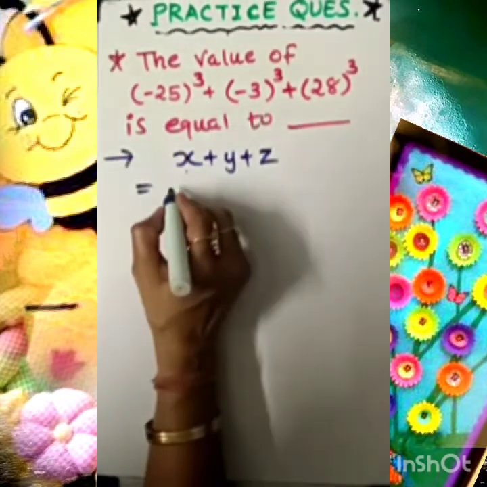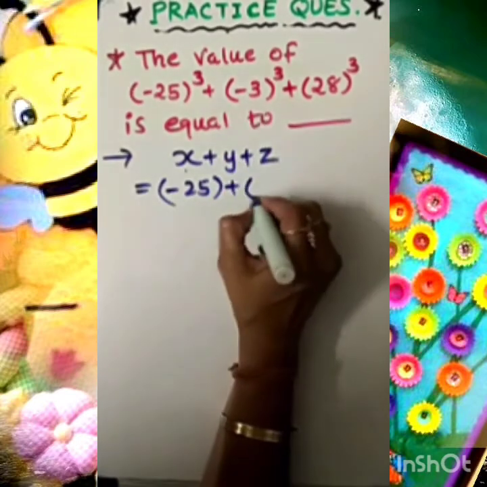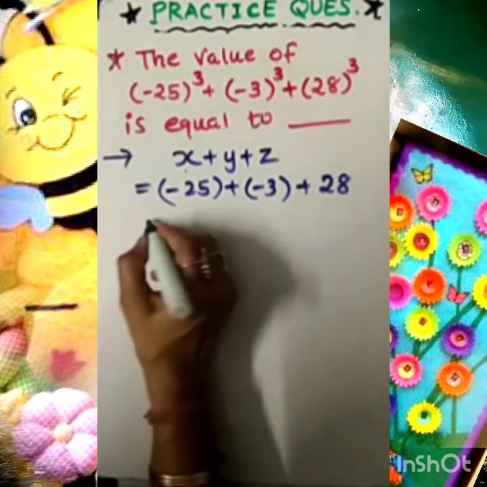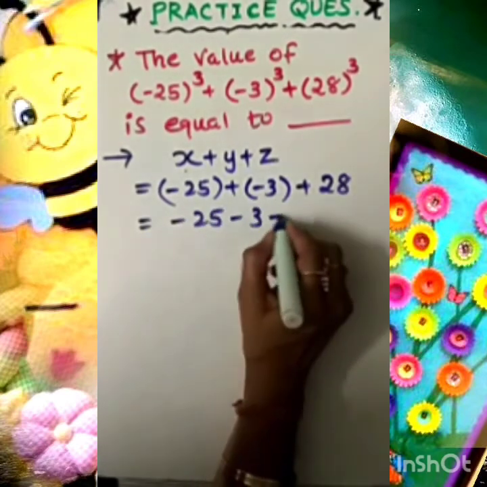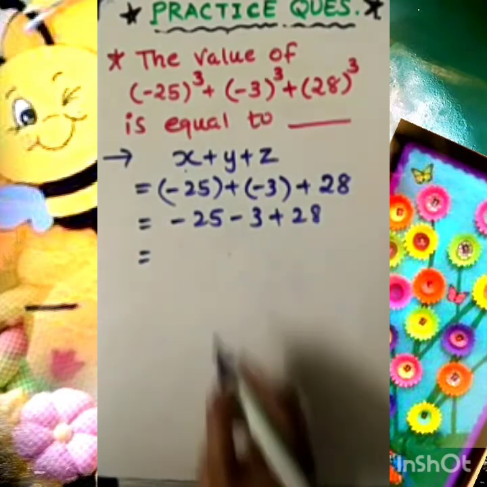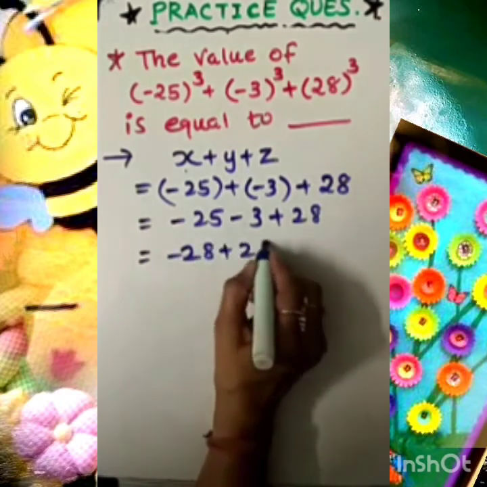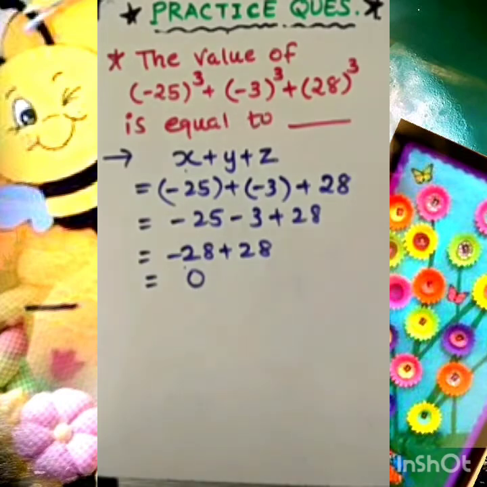If I compare, x will be minus 25, y will be minus 3, and z will be 28. So minus 25 plus minus 3, minus 25 minus 3 is minus 28, and minus 28 plus 28 gives the result 0.